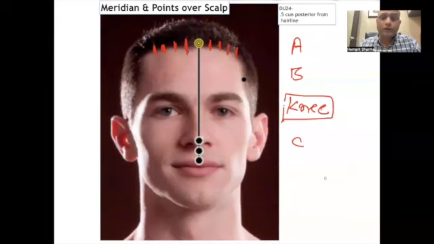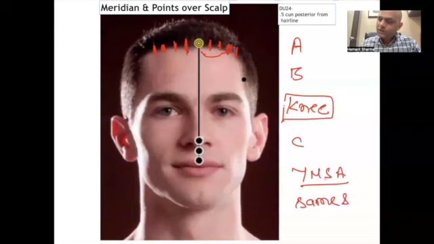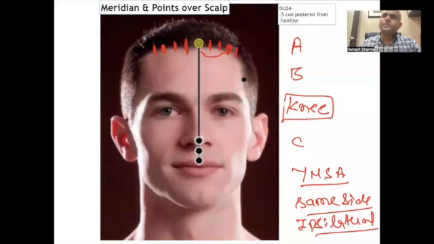Now you have got a wonderful point, because from the center line, if you are reaching 3 centimeters, this is the excellent point for the knee pain. And we know there are too many people suffering with knee pain, arthritis of the knee. And in YNSA, we always put the point on the same side, or ipsilateral, because when we are using scalp acupuncture, we have the concept of the opposite side.